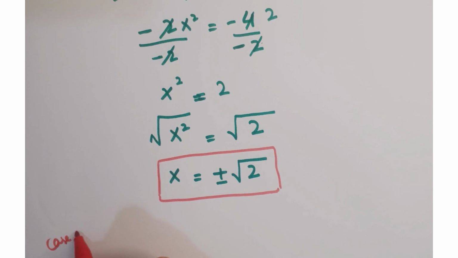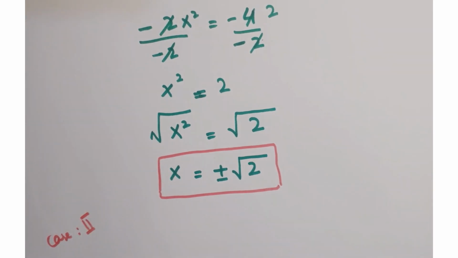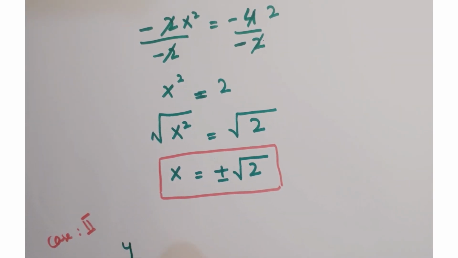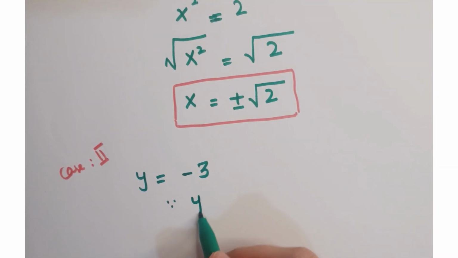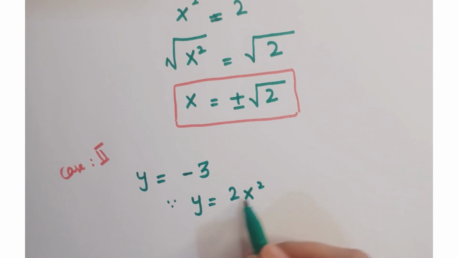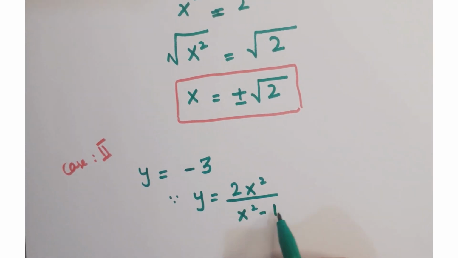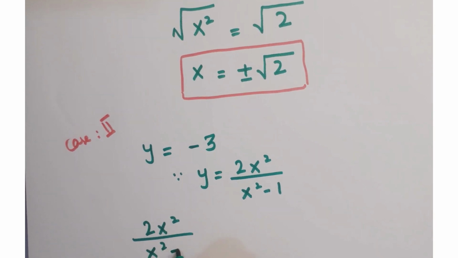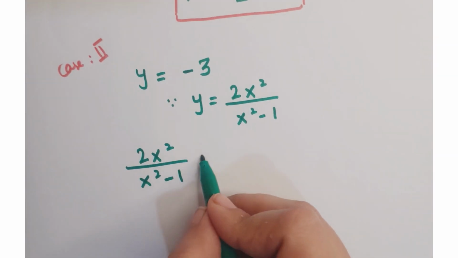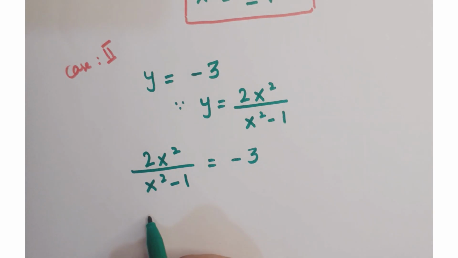Now let's move on to case number 2. According to case number 2, y = -3. Since y = 2x²/(x² - 1), you can write this as 2x²/(x² - 1) = -3.